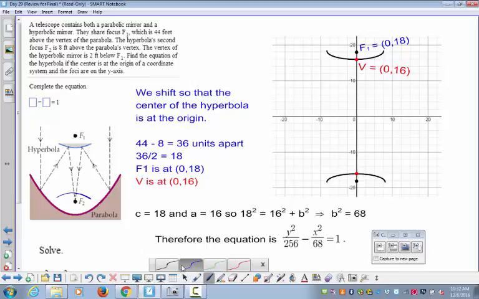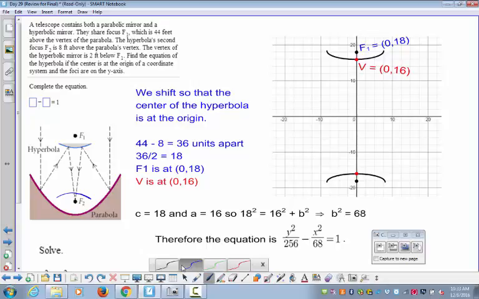So that's what I did on the right. The distance between the two foci is 36, so we put our origin right there and go up 18, down 18. And they tell us that the vertex of the hyperbolic mirror is 2 feet below that focus for the hyperbola.